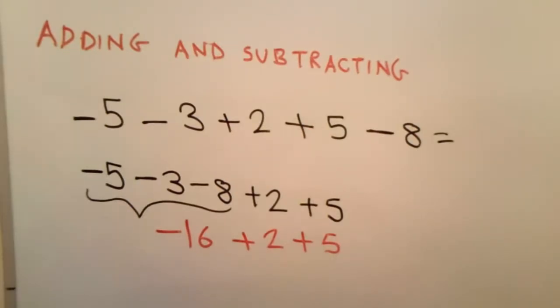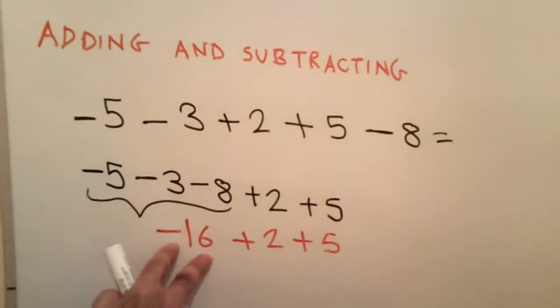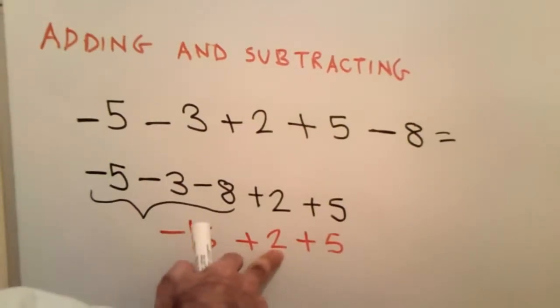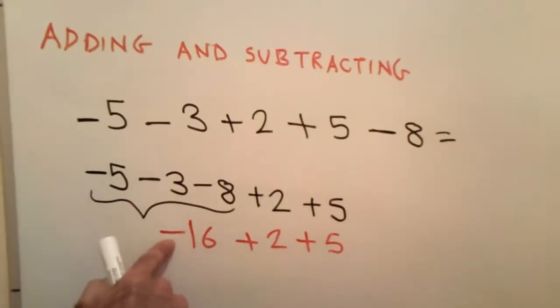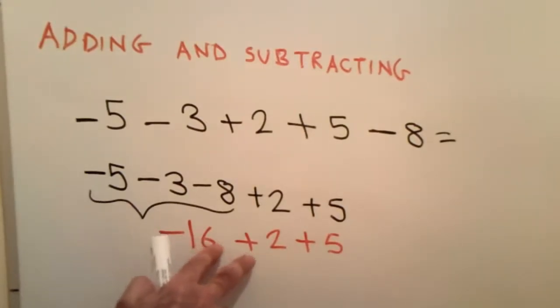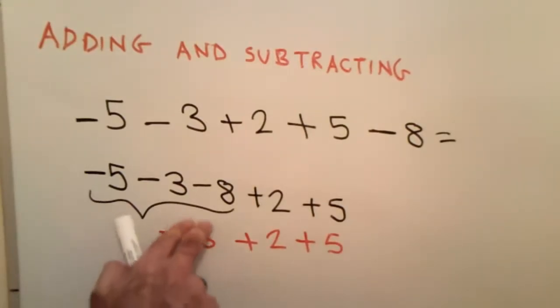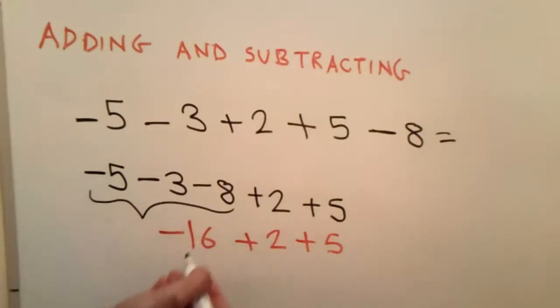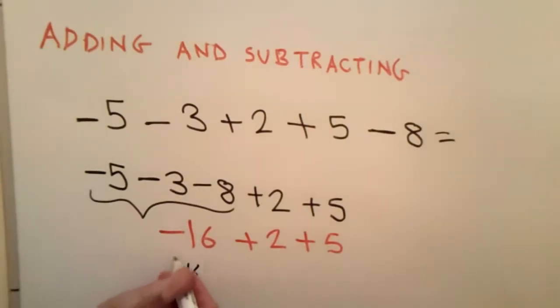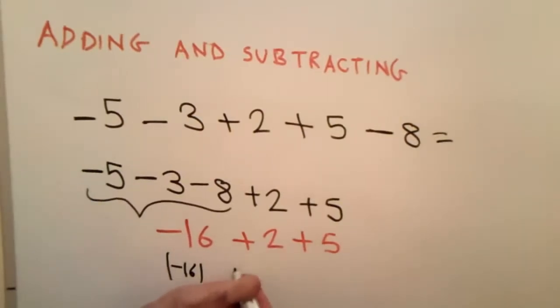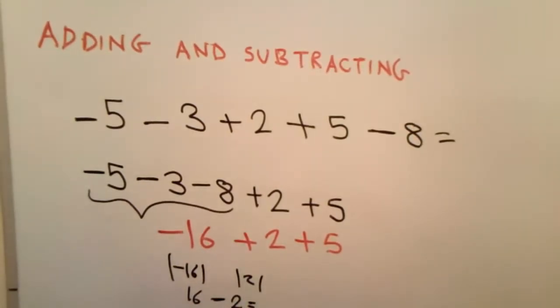There are various ways we could do it. So negative 16 plus 2. The signs are different, so we take away the smaller from the bigger value after we've done the absolute value. So that's 16 and 2, so it's 16 take away 2, which is 14.